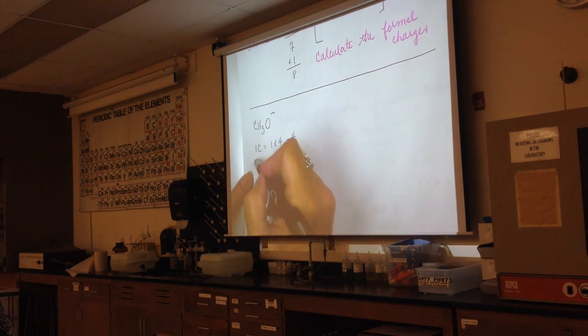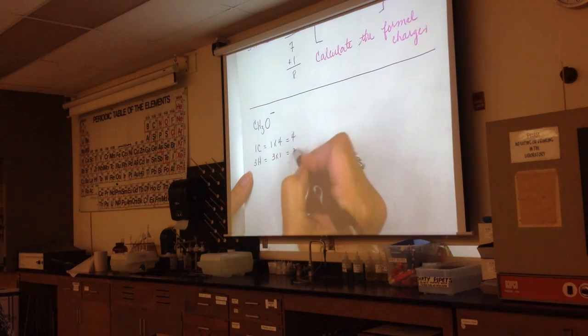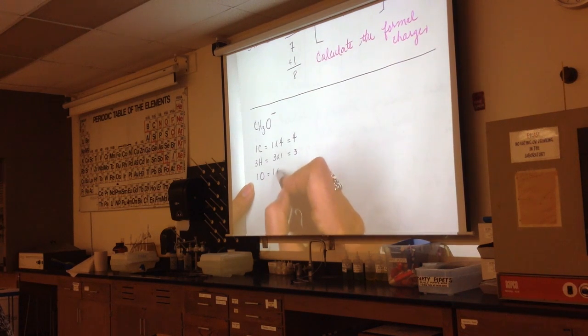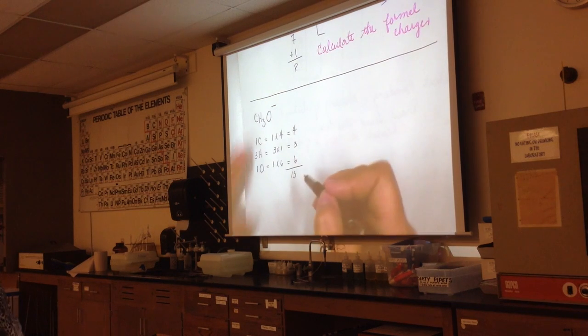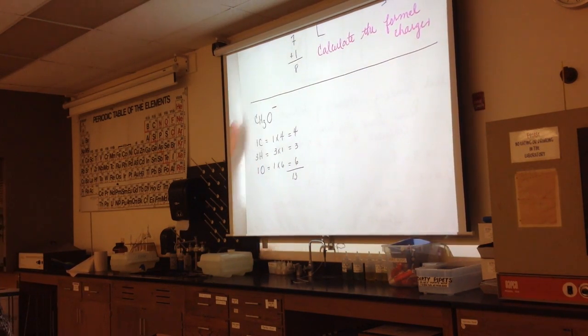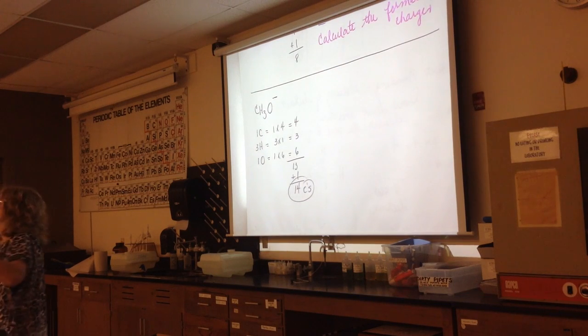So hydrogen is in group 1. Oxygen is in group 6. So that's a 6. Altogether this is 13. And a minus is a plus. So when I go ahead and I add that one, there's a total of 14 electrons around the ion.